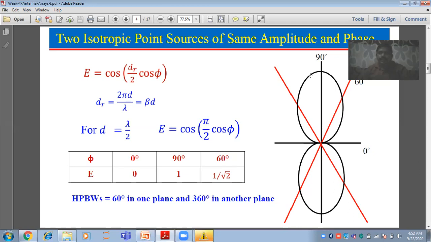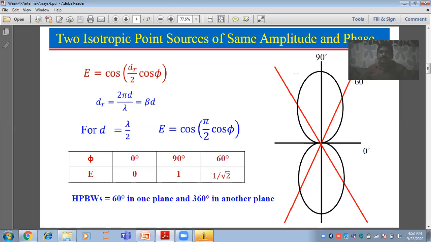The resultant pattern is the vectorial addition of the fields of the individual antennas of the array, and we saw the different types of array. Today we saw the two element array. When an antenna array has only two antennas, it is called a two element array.